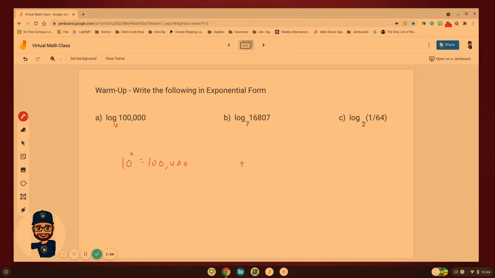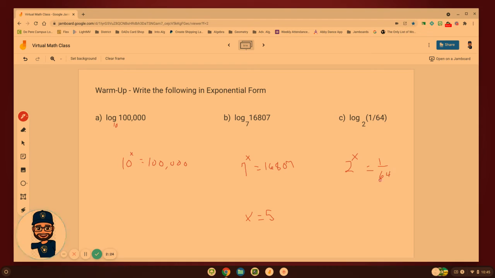Letter B, 7 to the power of x equals 1,608.07. We could figure out what that is. I think x equals 5 in this case, or something like that. So that would equal 5. And then this one's a little bit trickier: 2 to the power of x equals 1/64th.